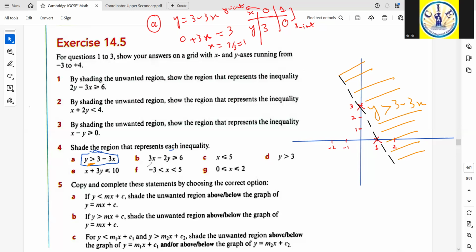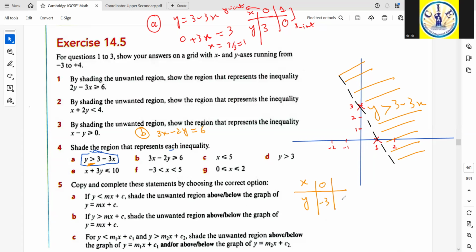Then for part B, the associated equation is going to be 3x minus 2y equals 6. Then I need to have the table of values, x and y. If I replace x with 0, the value of y is going to be 6 by negative 2, that is negative 3.